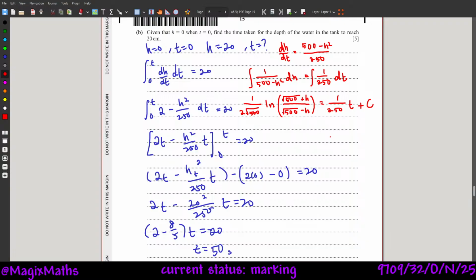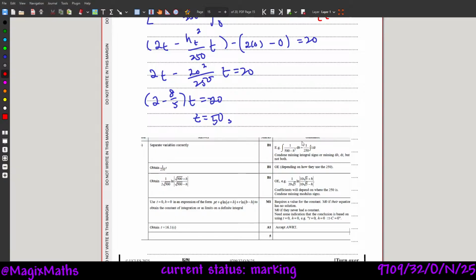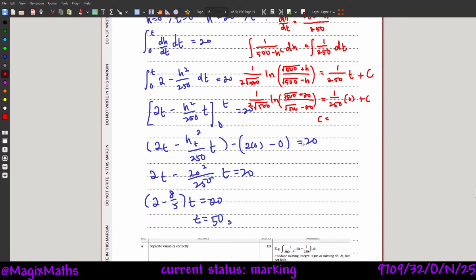So when time is equals to 0, h is equals to 0.